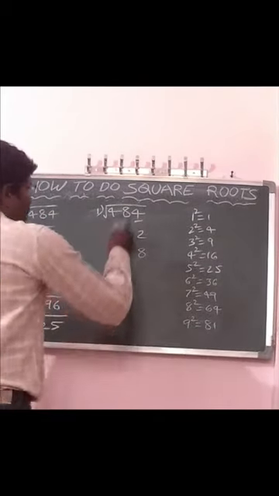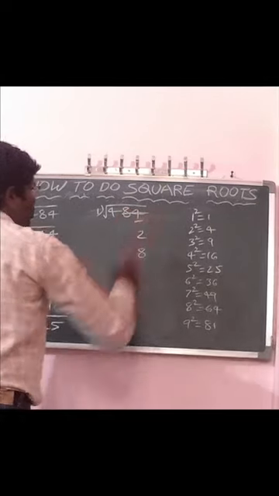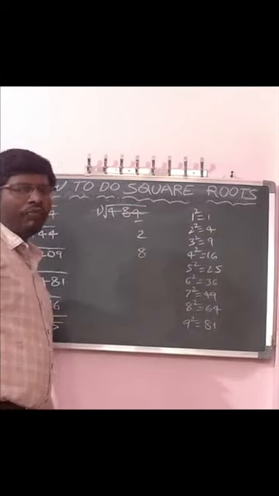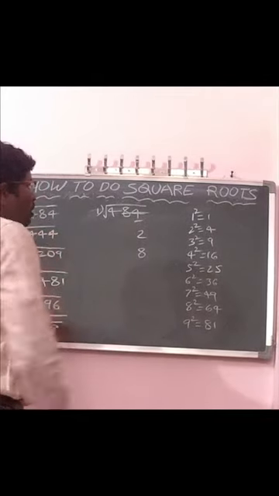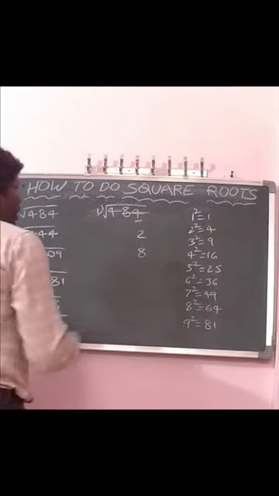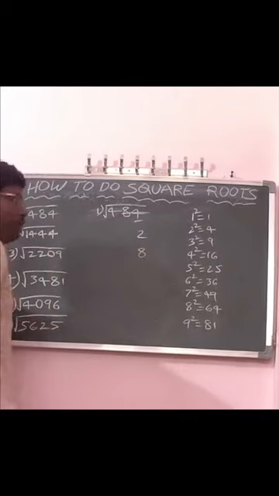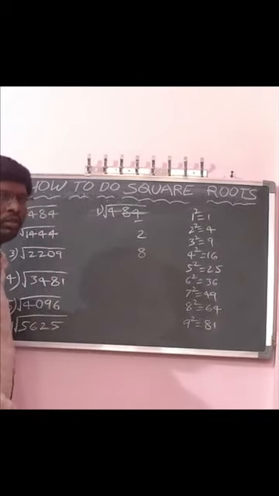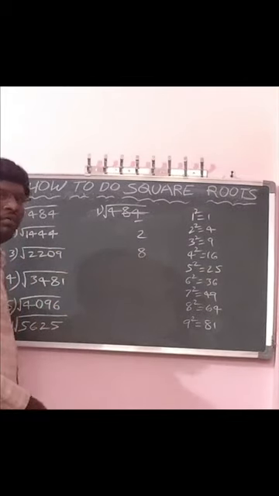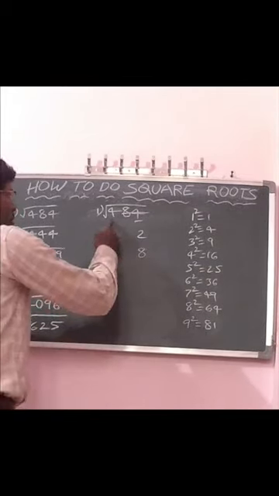Now we can cancel the last 2 numbers. After canceling the 2 numbers, the 4 remains. Okay. Now apply the second step. In the second step, we can take the square number which is less than or equal to 4.